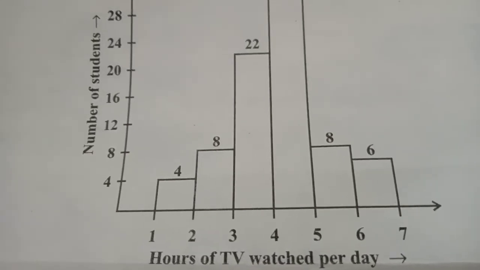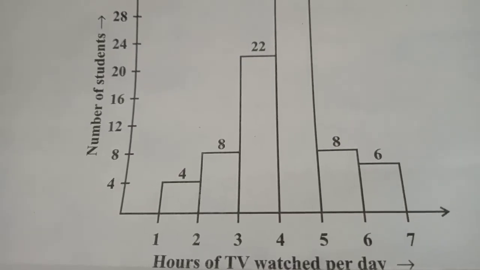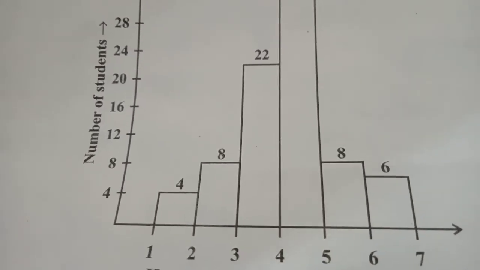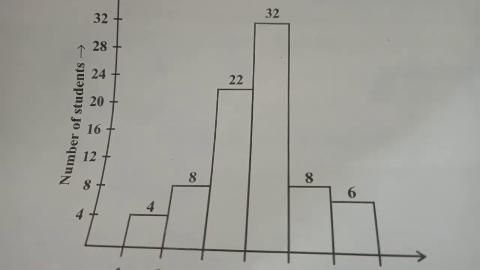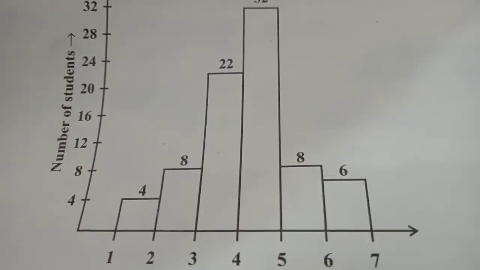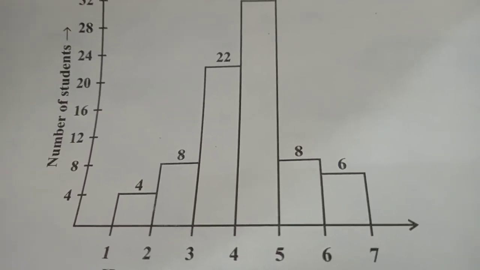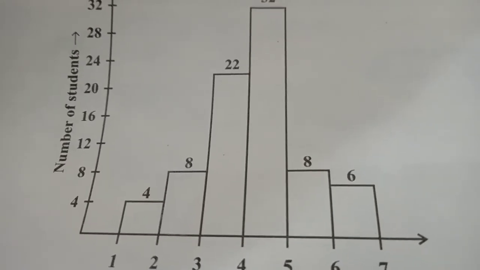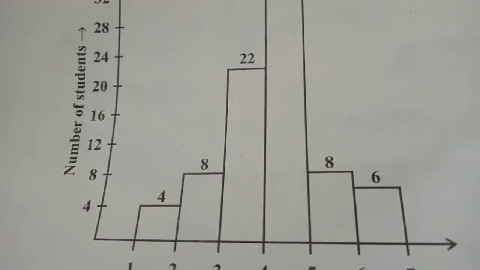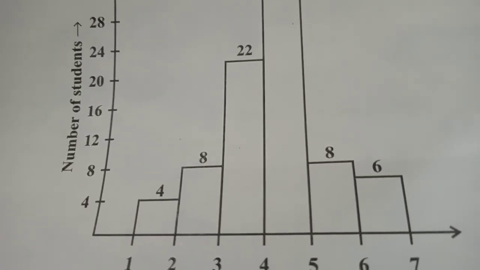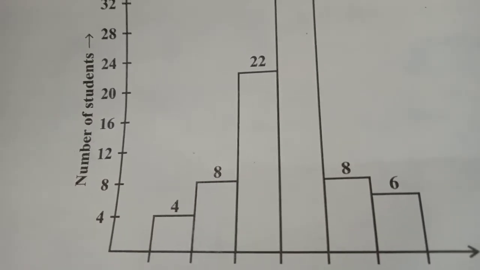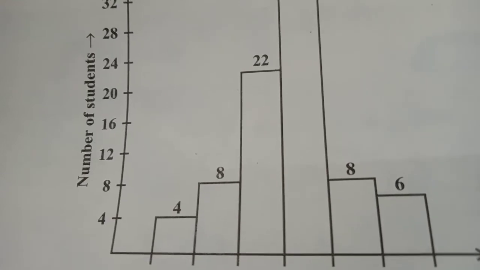Continuous class intervals mean 1 to 2 hours, there are 4 children; 2 to 3, there are 8 students; 3 to 4, 22 students; 4 to 5, 32 students; 5 to 6, 8 students; 6 to 7 hours, 6 students. So a histogram is used to represent only continuous class intervals. Now we will see how to represent given data on a histogram.